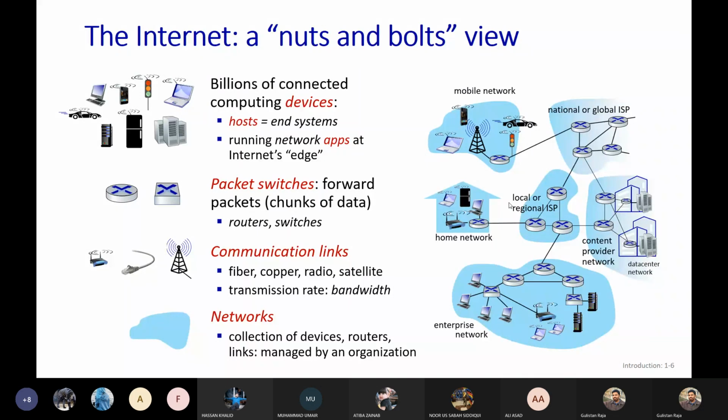These various networks are owned and managed by different organizations, and they have different kinds of networks. So these are the four major components of today's internet. Have a look at it. I'll give you 1 minute to recap the things, and then if you have any question, you can ask.